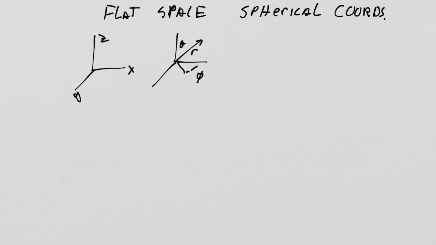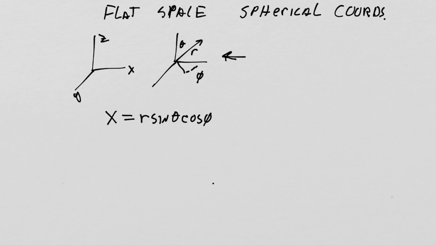So we're going to use those two systems, and it's pretty straightforward. The relationship between the two is going to be, now normally I would write x = r sin theta cos phi.